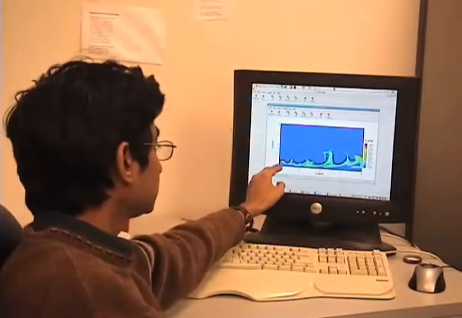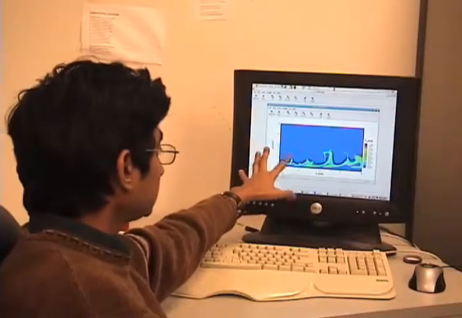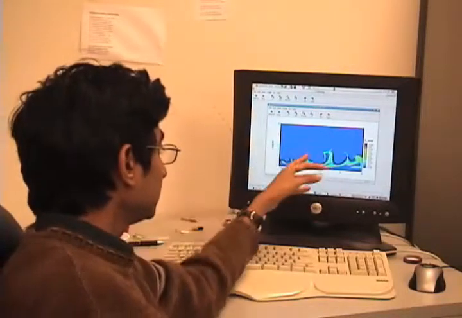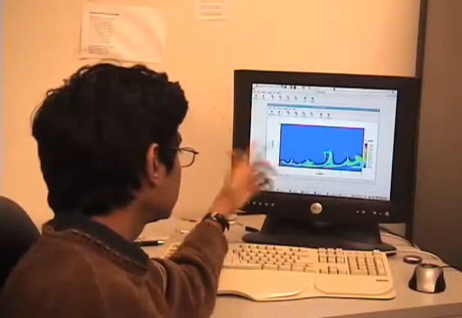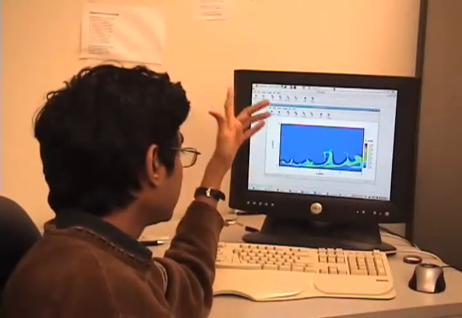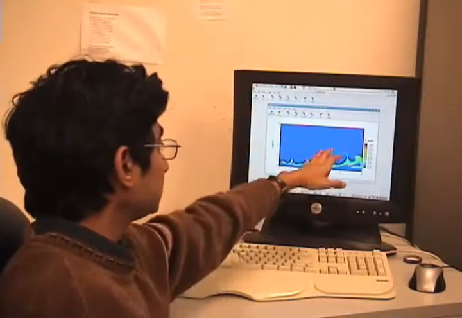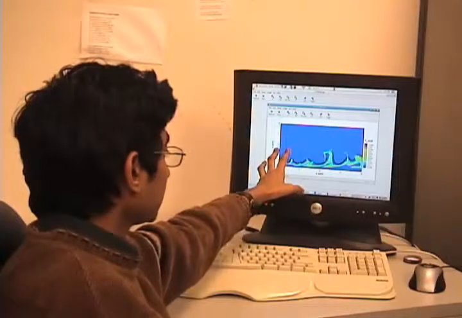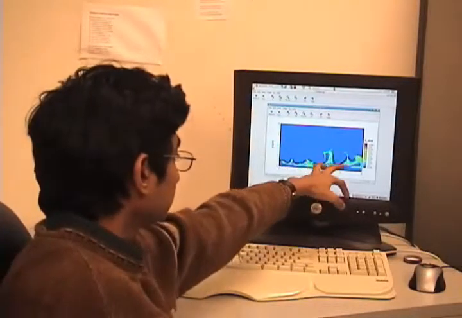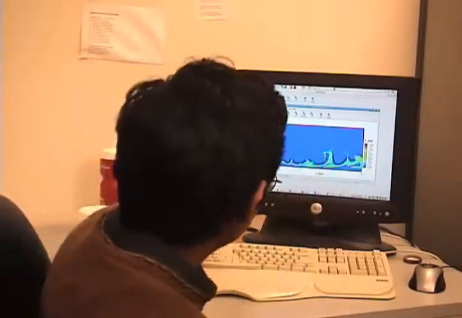So the fuel is close to the wall, and there are some locations where the soot manages to escape, and this is what we call soot breakthrough. And in real life situations, we'd see this as a cloud of black smoke, and again, the black is where the reaction occurs.